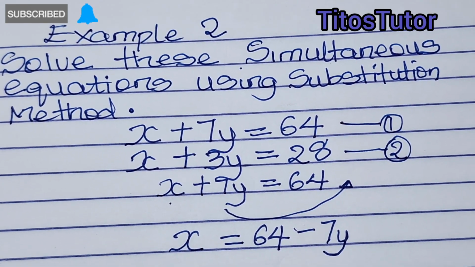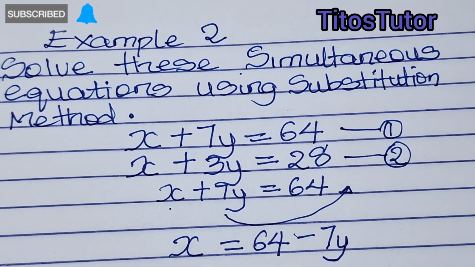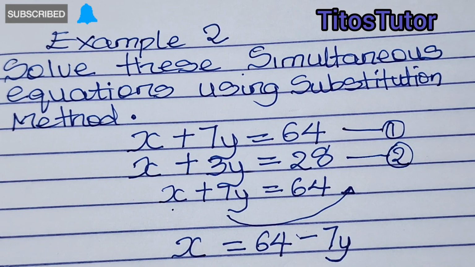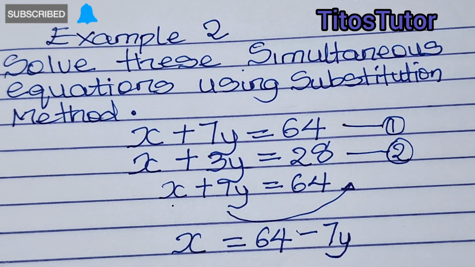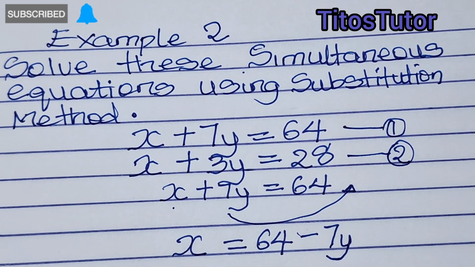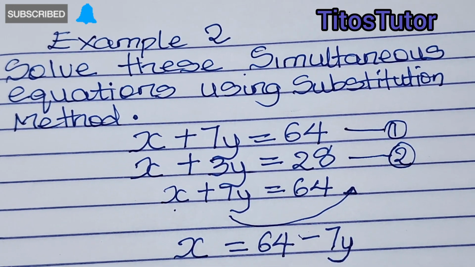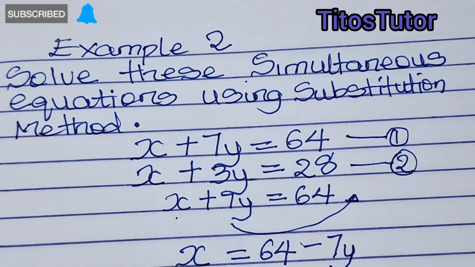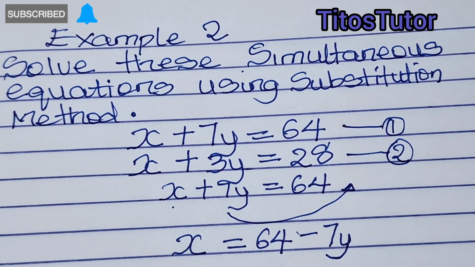As you can see, it's specified. And the first equation is x plus 7y equals to 64. The second one is x plus 3y is equal to 28. What I have done is label my first equation as equation 1, label my second equation as equation 2.